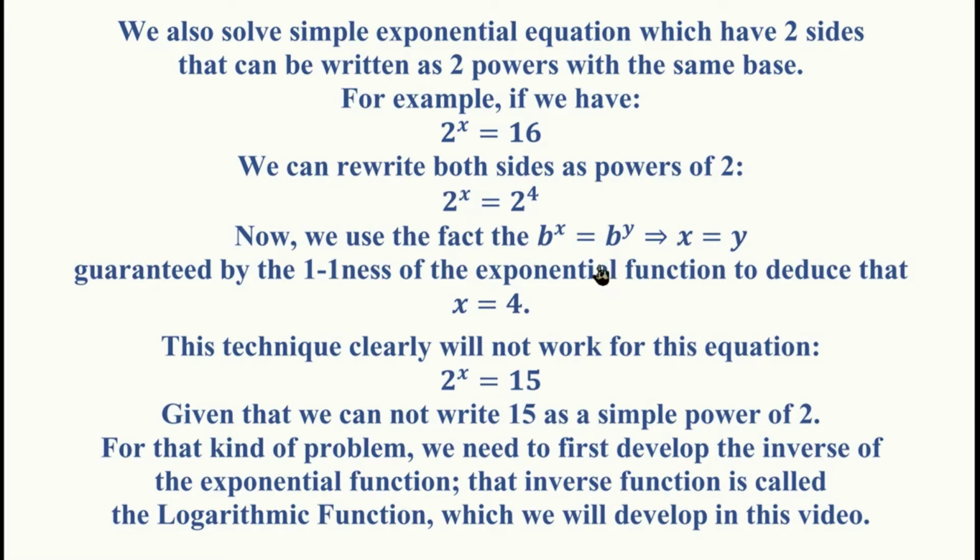So we use this fact to conclude that this is going to imply this, because if two powers are the same and their bases are the same, then the exponents must be the same. So this was very helpful for these simple types of exponential equations.